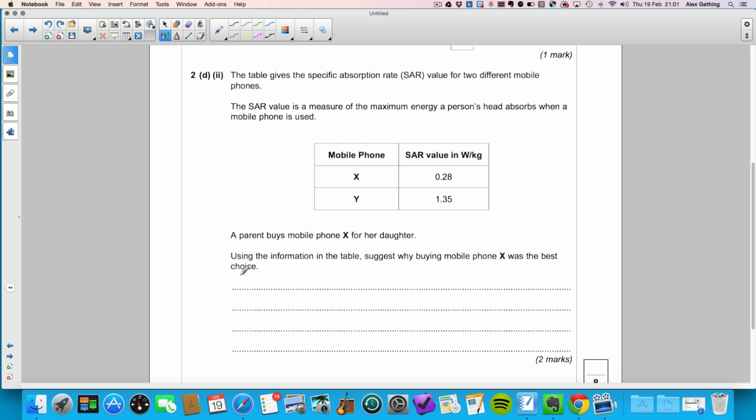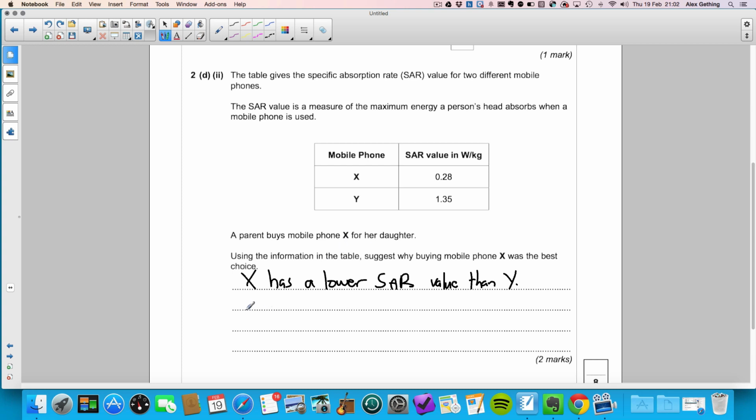Using the information, I would say straight away that X has a lower SAR value than Y. So there's one mark for stating that, and just translating that into words, I guess.